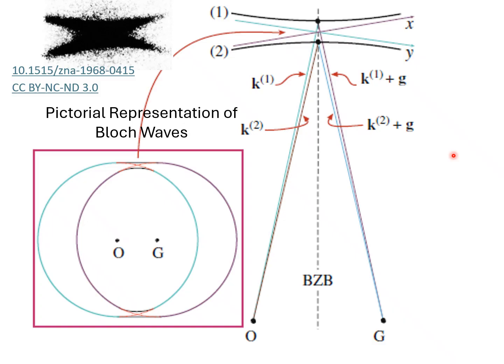And I've never really understood Bloch waves until more recently. And then it occurred to me that, oh, we're talking about two real waves, and they can be detected. And this is an image of a Bloch wave in electron diffraction that I pulled off the internet. They can be detected, and they're real.